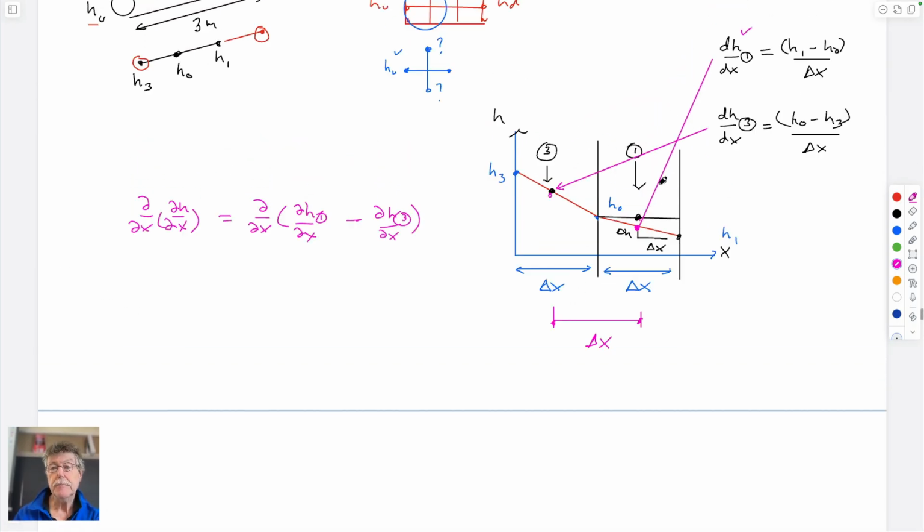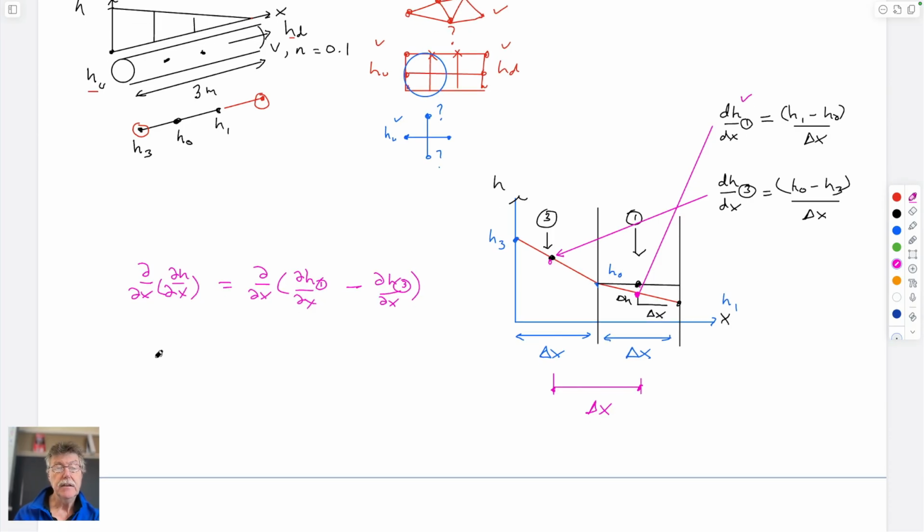And so if we substitute these values in here, then this would be equal to H1 minus H0, minus H0 minus H3, both divided by delta x and divided through by this delta x here.